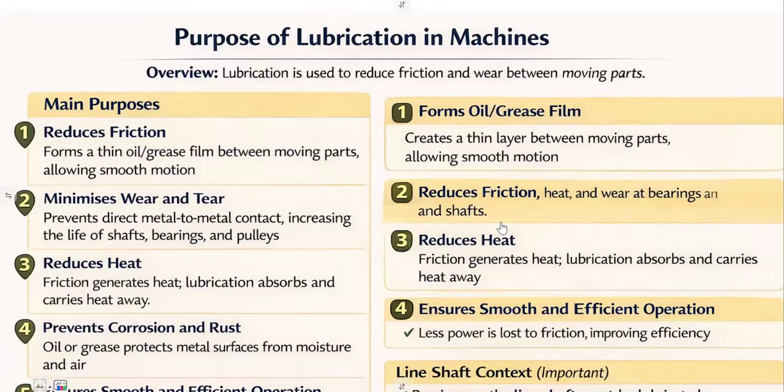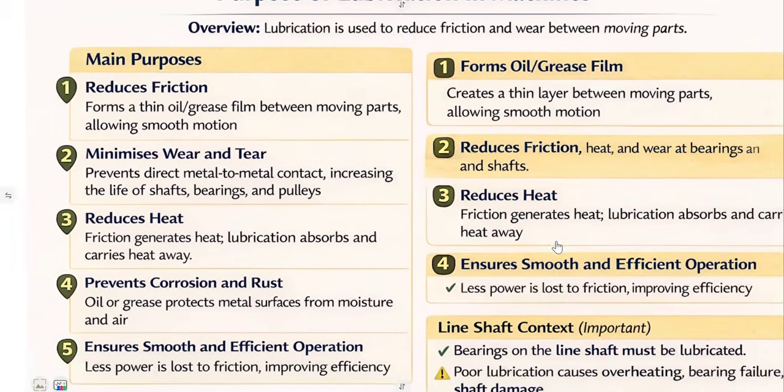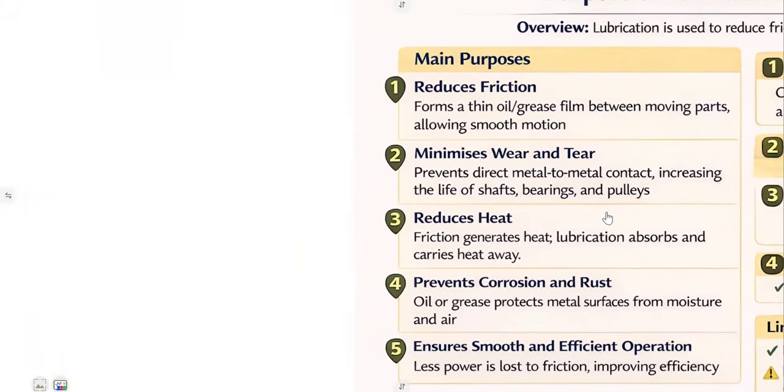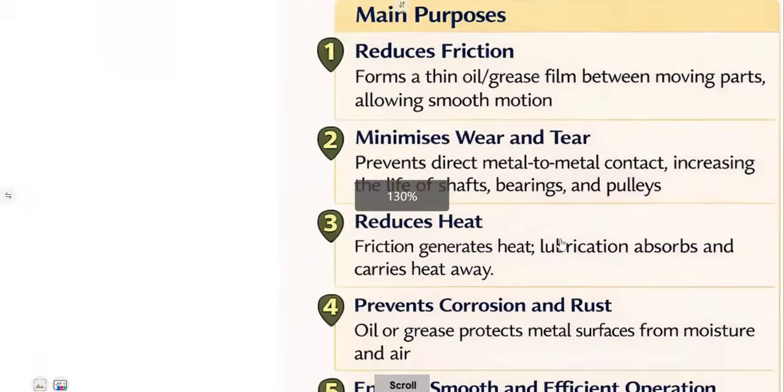All right. Then the purpose of lubrication in machines is also another aspect which you must, as an individual, understand. Here I want you to focus mainly on the left-hand side of our factors.